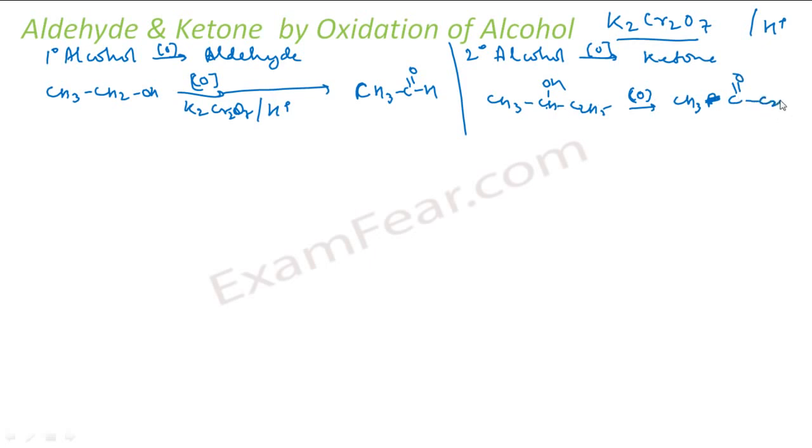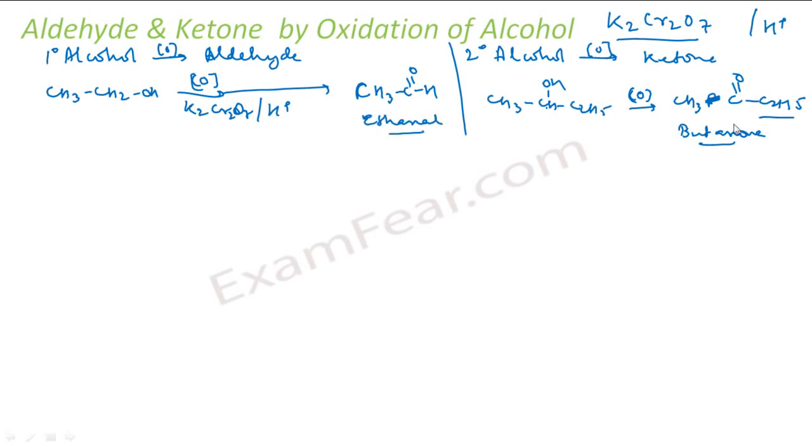So if you see, this becomes ketone, right? This is butanone, 4 carbon butanone, and this is ethanol. This is aldehyde, this is ketone.